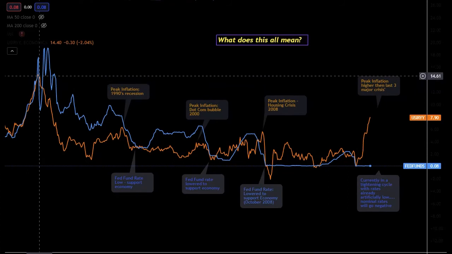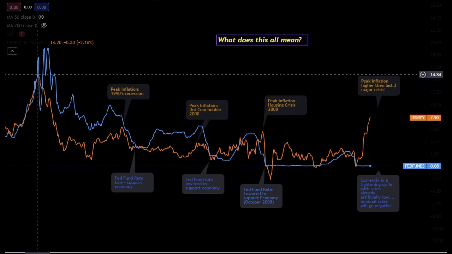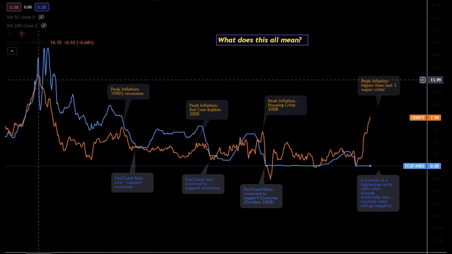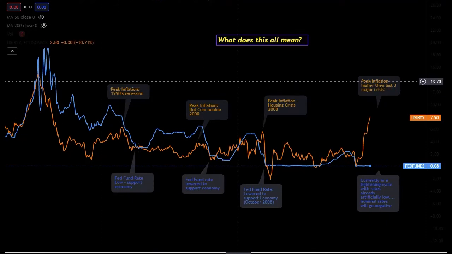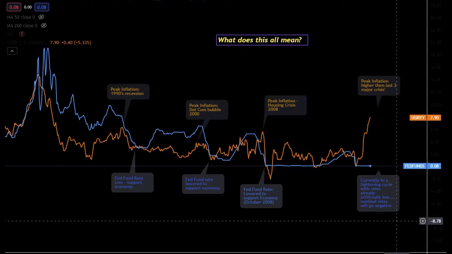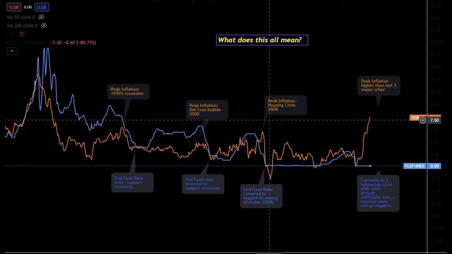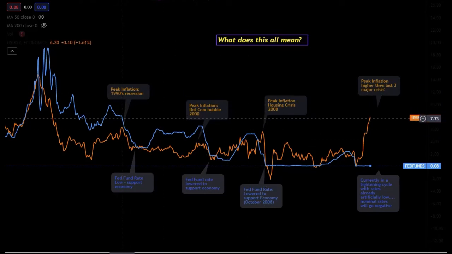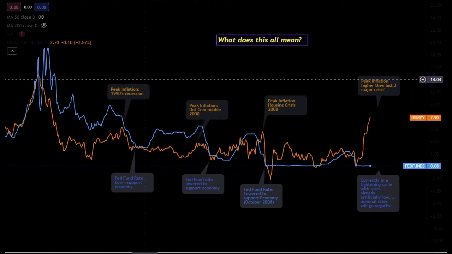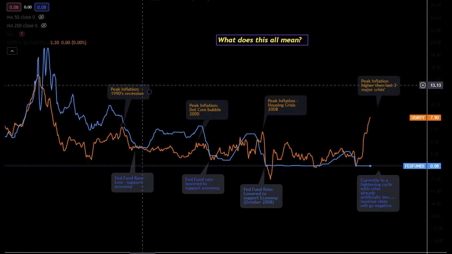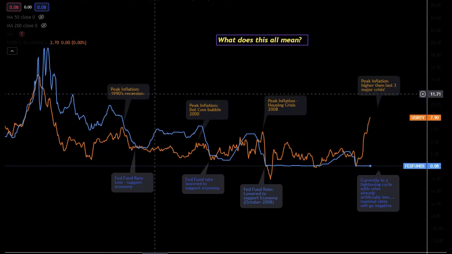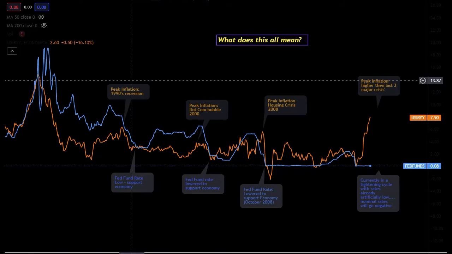The only area that it hasn't taken out is the 1980s, but we're more than halfway there. So that should be very, very concerning as a long-term investor, where basically we have higher inflation than the past three major crises.